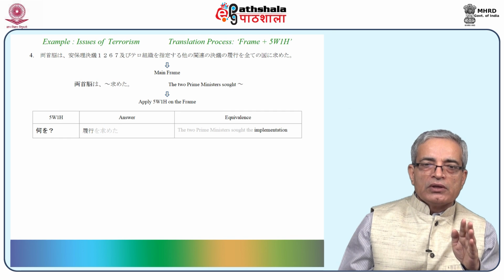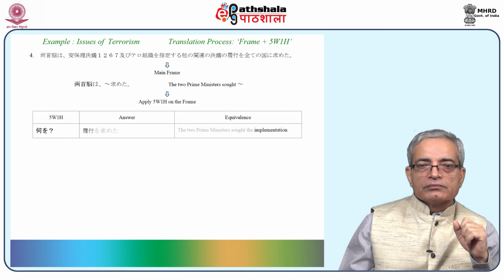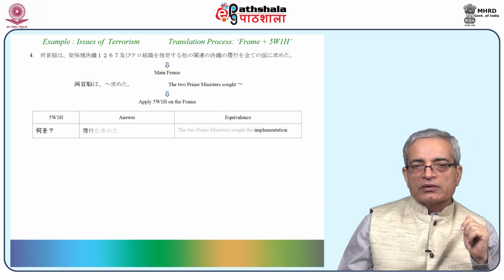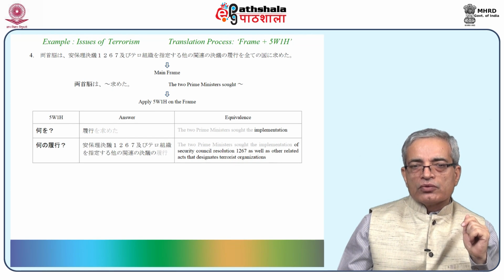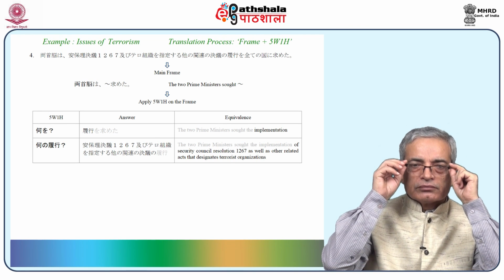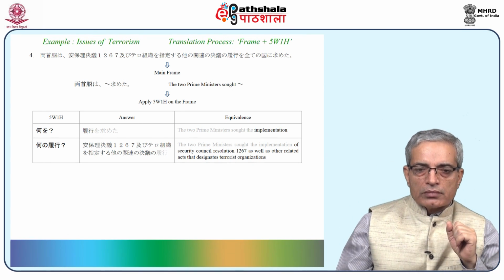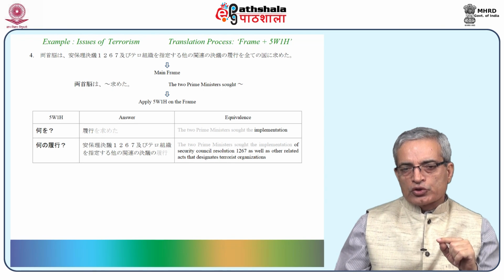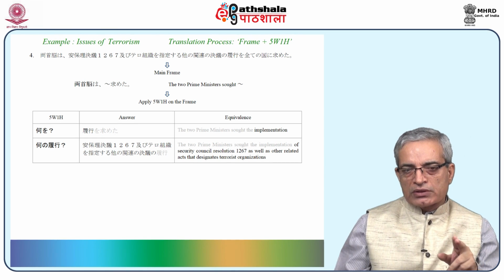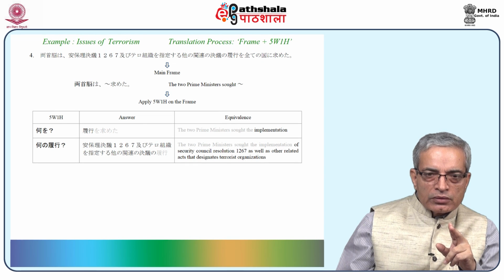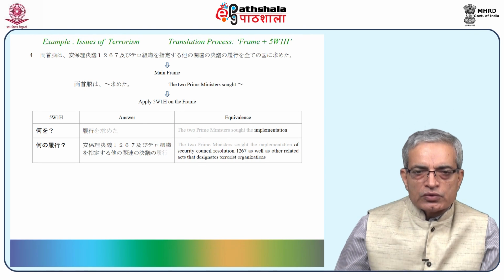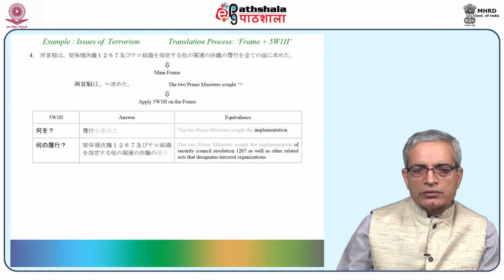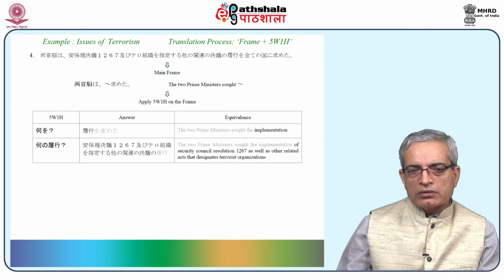So let's go for the questions. First go for O. Nani o motometa? Riko o motometa. Okay, next. Nan no riko? Ampo ri ketsugi 1267 oyobi tero soshiki o shite suru hoka no kanren no ketsugi no. Okay, so it's Ketsugi no Riko o Motometa, and there is 1267 resolution, and the other is Tero Soshiki o shitei suru hoka no kanren no ketsugi.